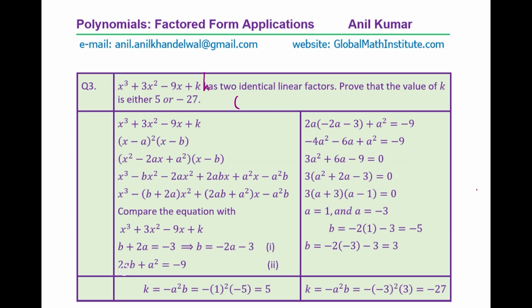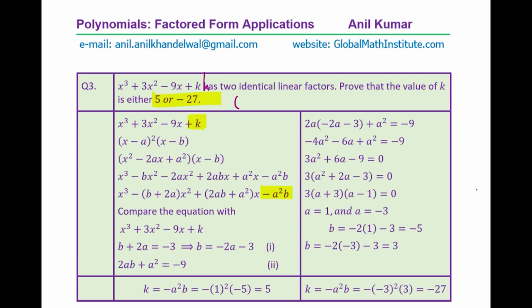And the other one is 2ab plus a square equals minus 9. Solving these two equations, we get the values of a and b. Remember, the value of k, which we are interested in, is basically minus a square b. So once you get these two values, do minus a square b to get your answer, which is going to be 5 and minus 27. Is that clear to you?